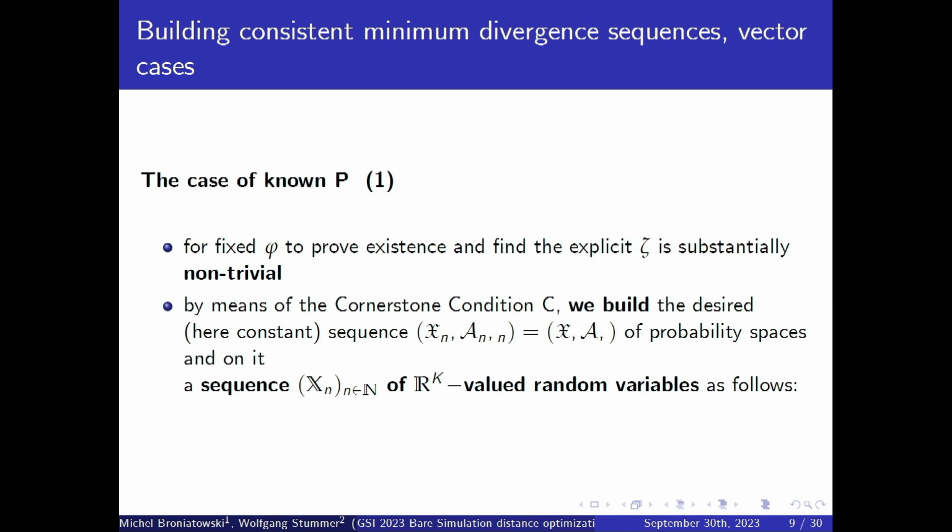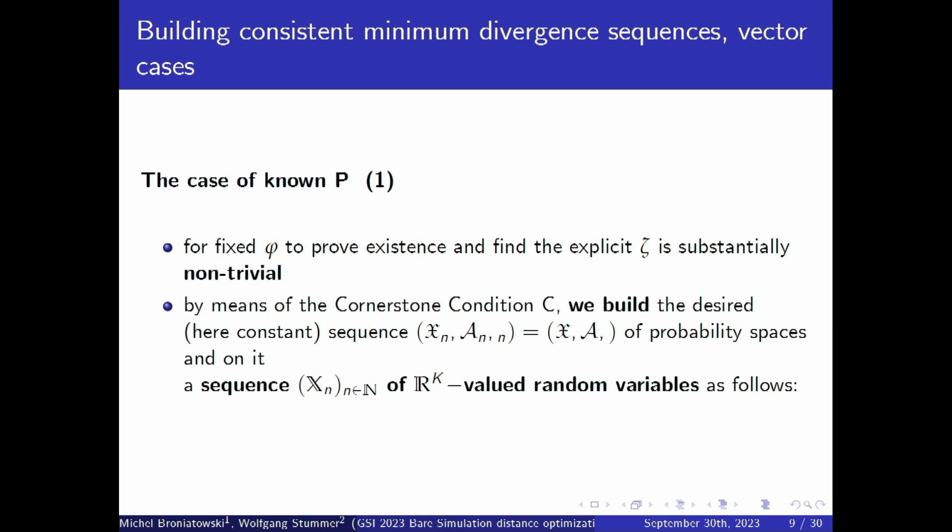So how do we do that? If we have a phi function, we first should assume that this phi function can be seen as a rate function for large deviation. And this means to build a correspondence between phi and a probability measure zeta, which is the law of the w's, and this is what we will do presently.